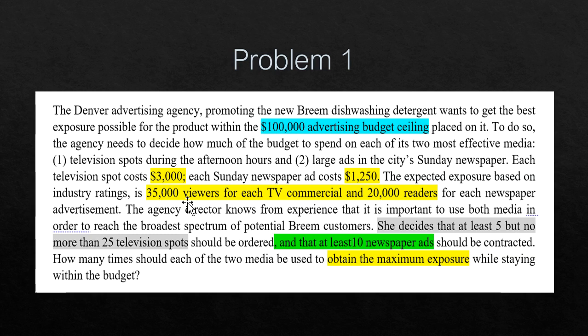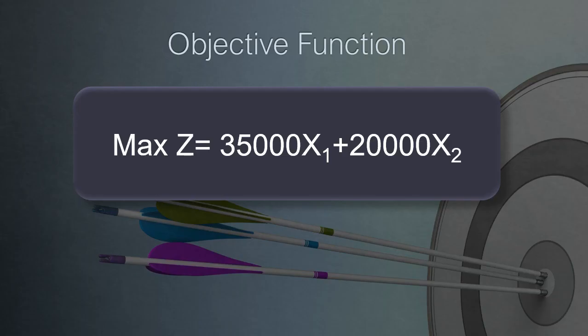Hence, the total exposure will be expressed by summing the number of views generated from all the TV ads we will order and the number of readers from all the newspaper ads we contracted. So this is how our objective function looks.